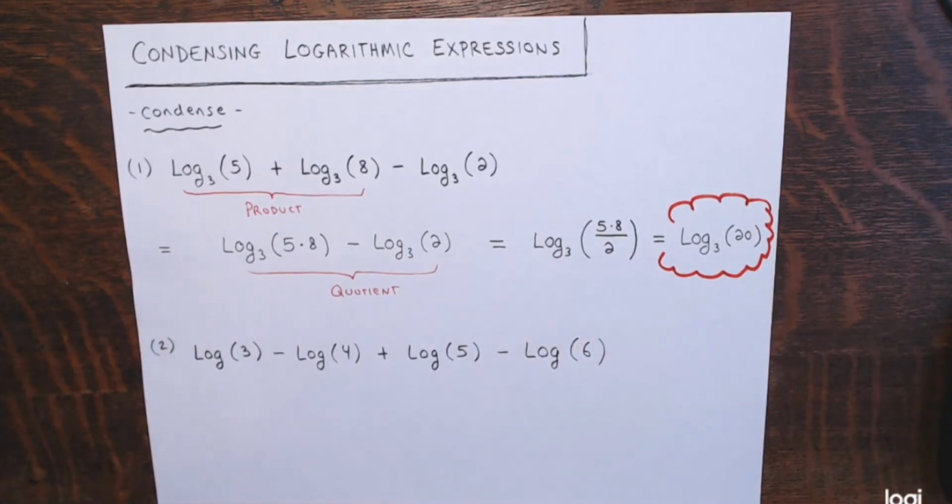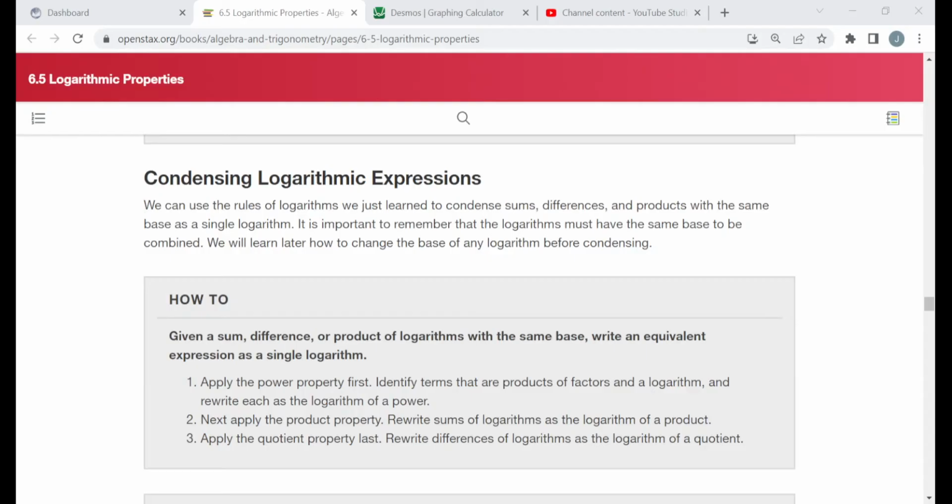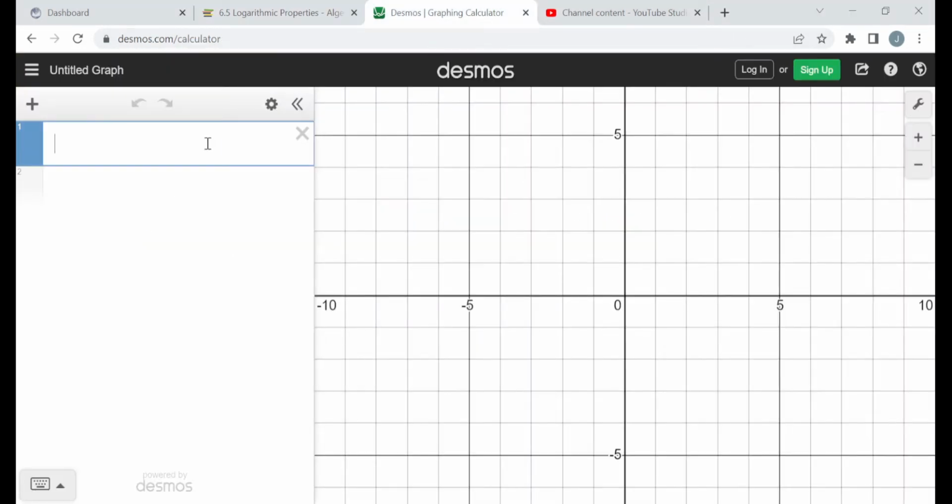And then let's check our result. So I'm going to go to a calculator, the Desmos calculator, desmos.com, free online graphing calculator. And just off to the side here, do some calculations. The original expression we were given was the log base 3 of 5 plus the log base 3 of 8, and then minus the log base 3 of 2.